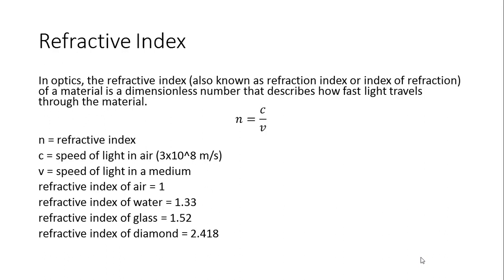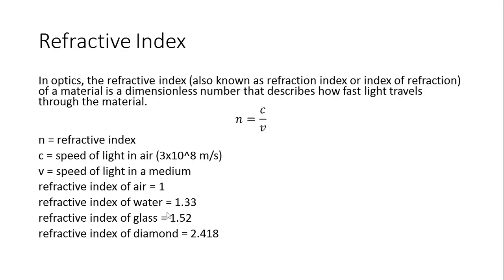The velocity of light in the air is this much, which is 3 times 10 to the power of 8 meters per second. And because air is the standard of the refractive index, the refractive index of air will be 1.